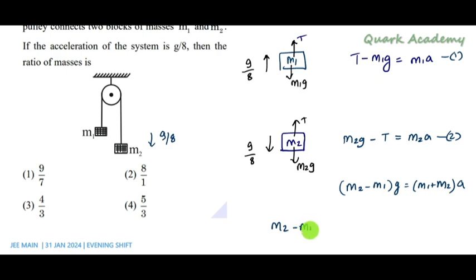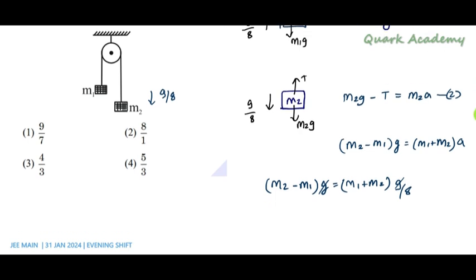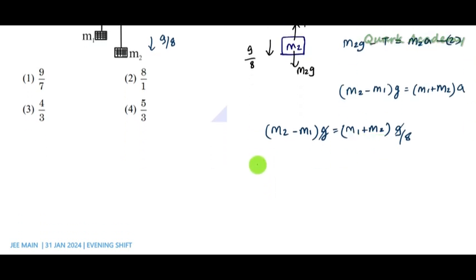So (m2 minus m1)g, which is equal to (m1 plus m2) into g by 8. This g and this g will get cancelled. We'll multiply this 8 on the left side. So we'll get 8m2 minus 8m1 equal to m1 plus m2.